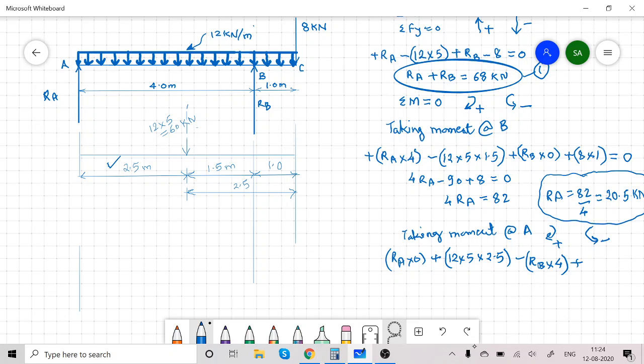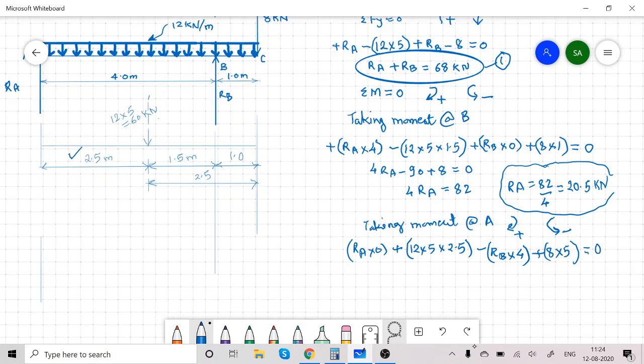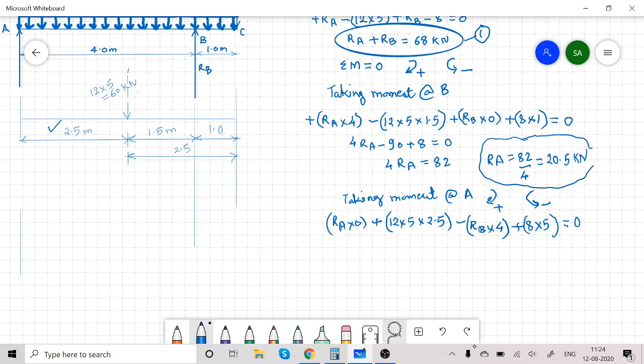plus 8 into 5. 8 into 5 is a clockwise moment. See the distance from A of the load 8 kilonewton, it is 5. So 8 into 5, this must be equal to 0. So this is 12 into 5.